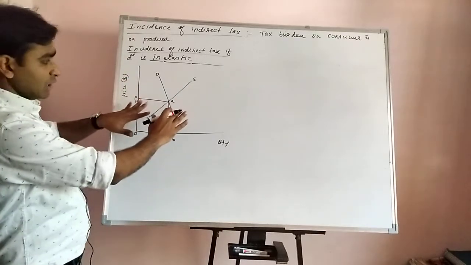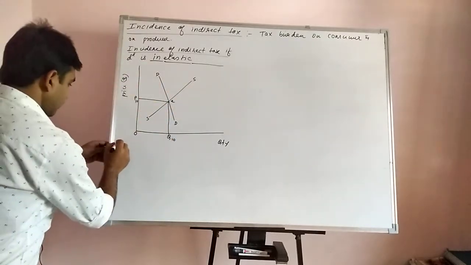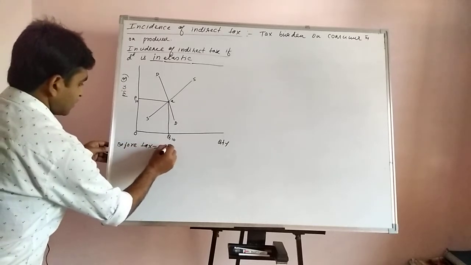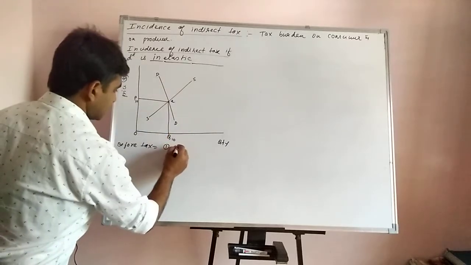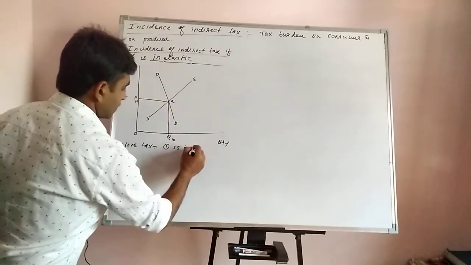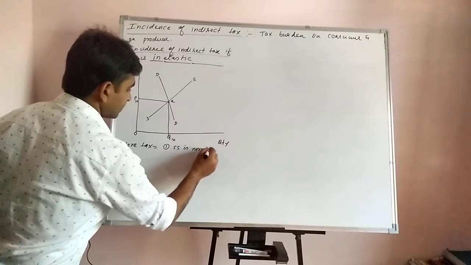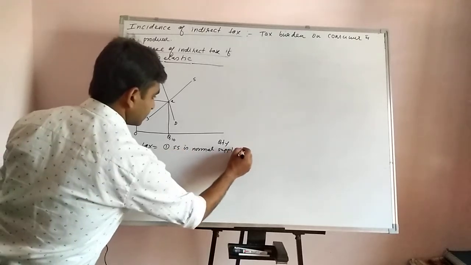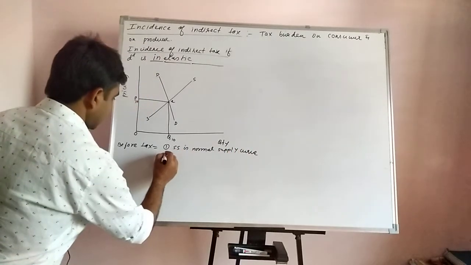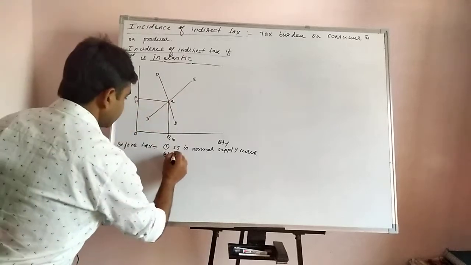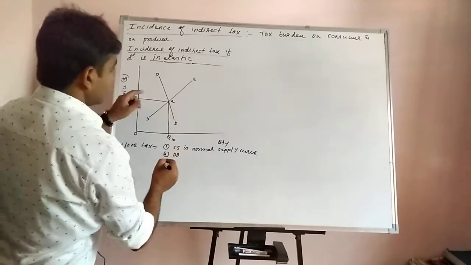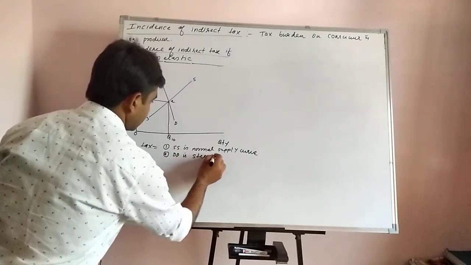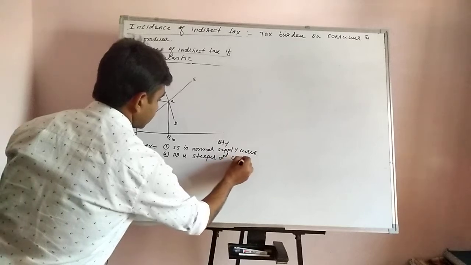So this situation we have before tax. So here we'll mention before tax. What is the situation here? First situation is SS is normal supply curve, and second point DD, that is demand curve. But it is a steeper demand curve. DD is steeper demand curve.